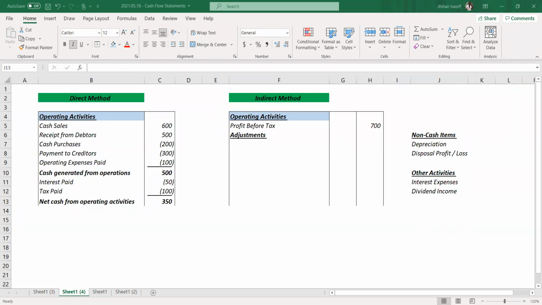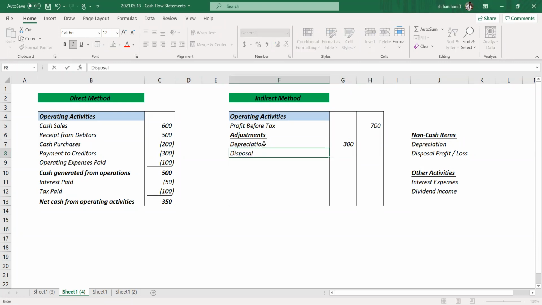In other activities and non-cash items. So if there is depreciation, that will be added. Disposal, if it is a profit, we have to deduct.